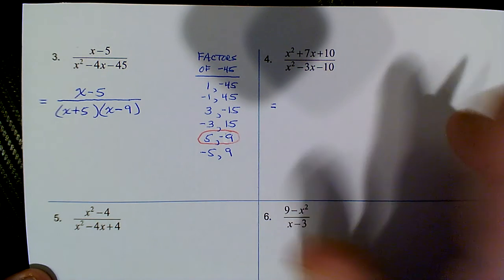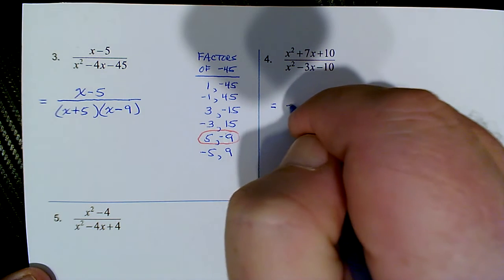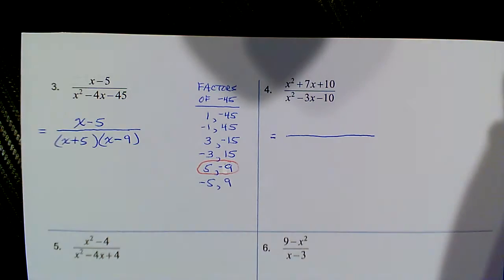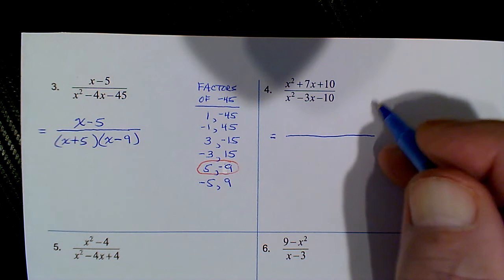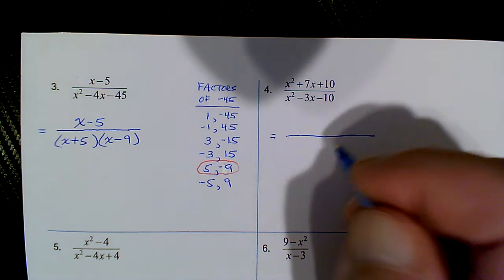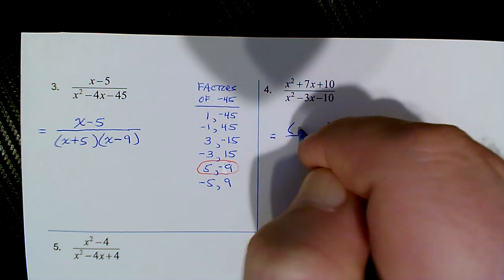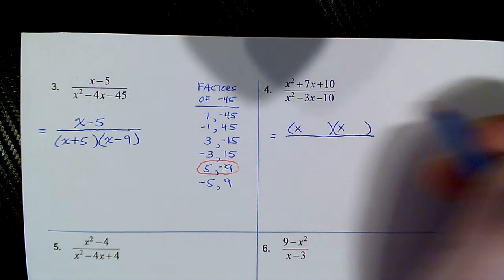So in example 4, now we have, it's basically instead of 1 factoring problem, 2 factoring problems, right? So in the numerator, an x and an x.